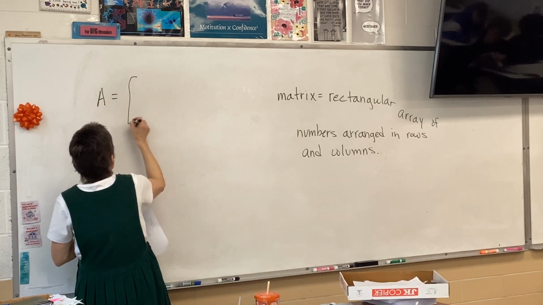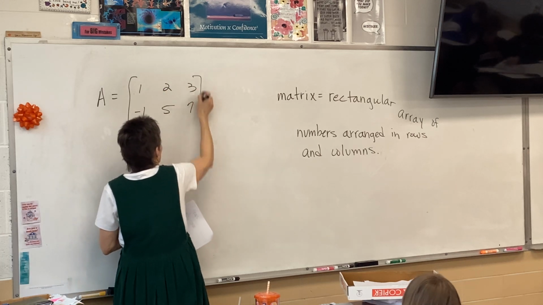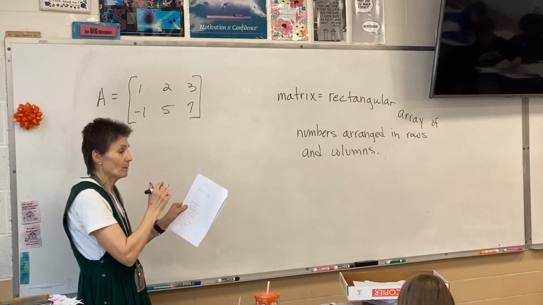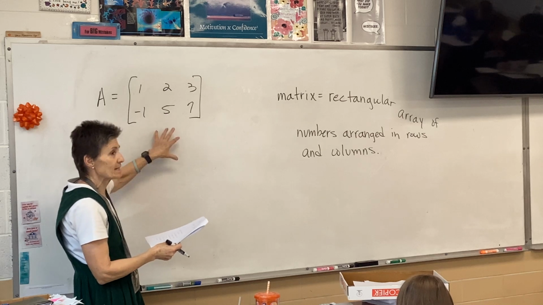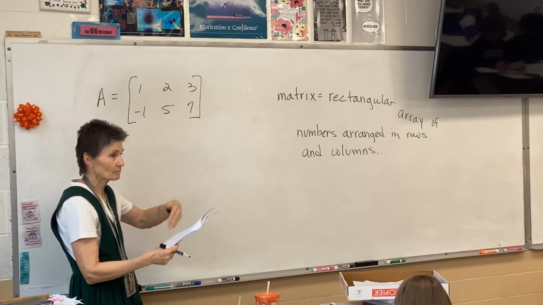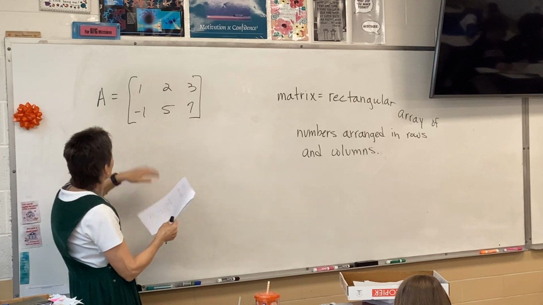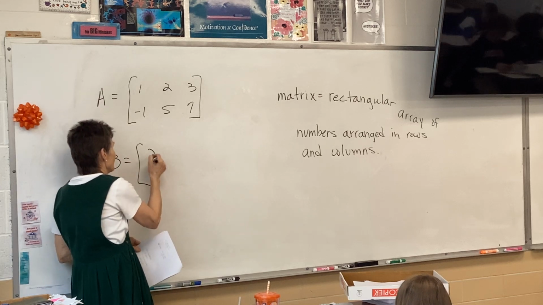Matrix A. I want to do vocabulary in terms of these. I'm making these up just to help explain what all the vocabulary is. So just add these over here to the side. This is matrix A, and then I'm going to give you a matrix B.